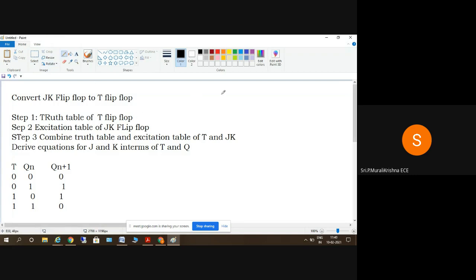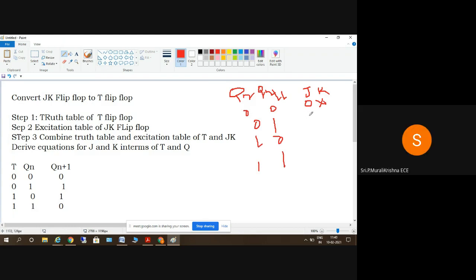The JK flip-flop excitation table has Q of n, Q of n plus 1, and the values of J and K. For 0 0, J K is 0, don't care. For 0 1, it is 1, don't care.